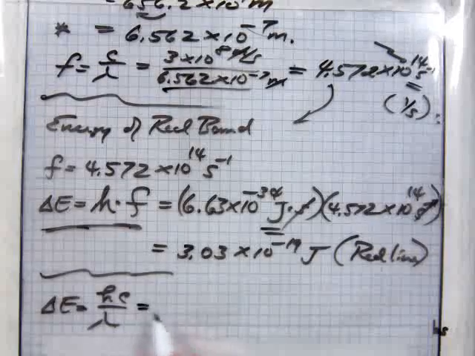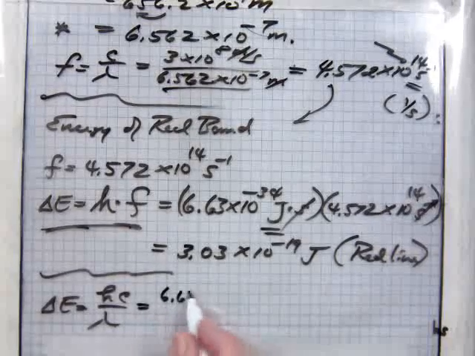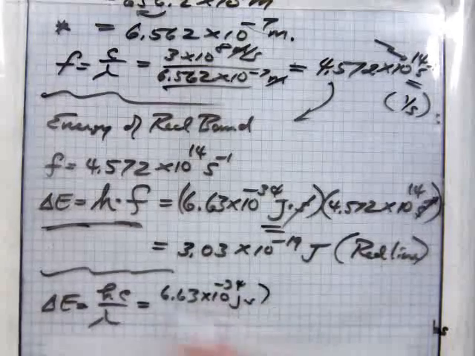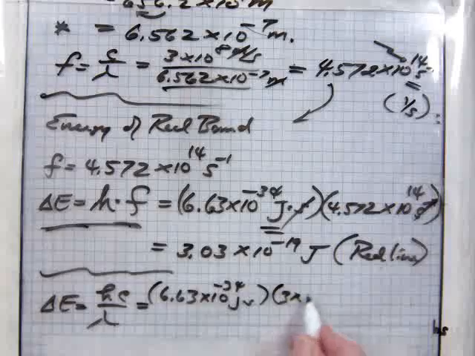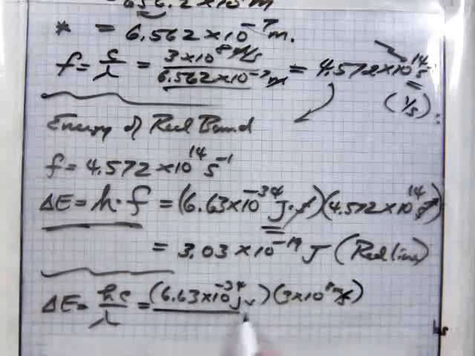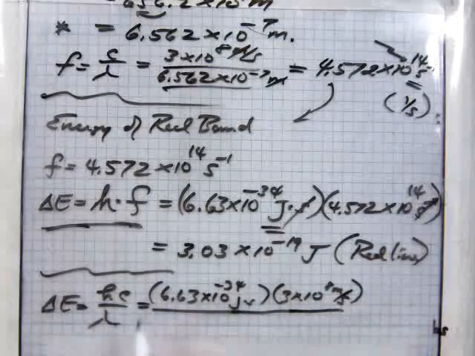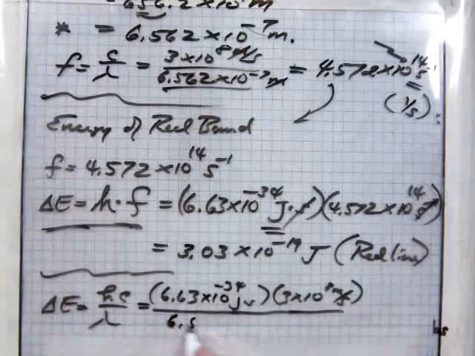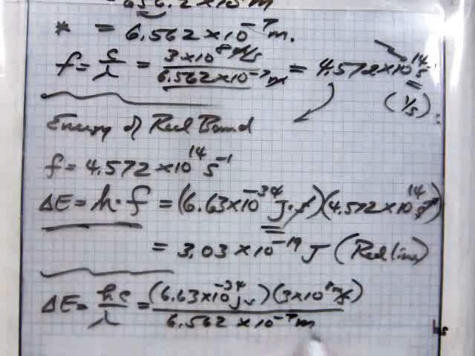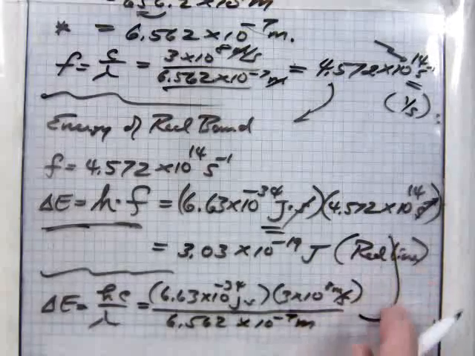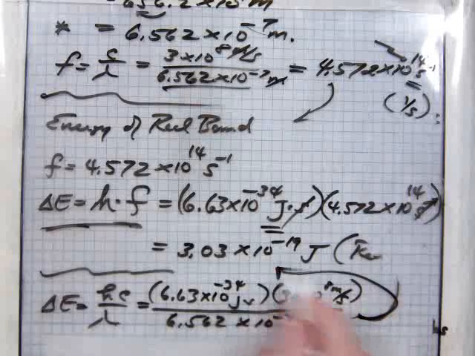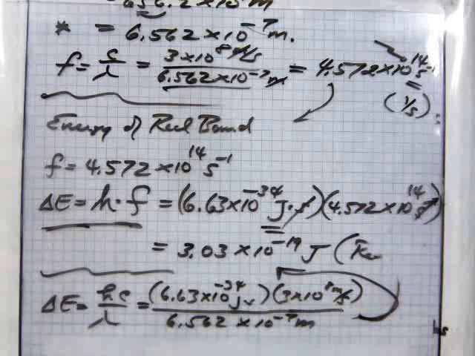You can do the same number, 6.63 times 10 to the minus 34 joule seconds, 3 times 10 to the 8th meters per second divided by the wavelength expressed in meters. And we'll also get the same energy number that way.